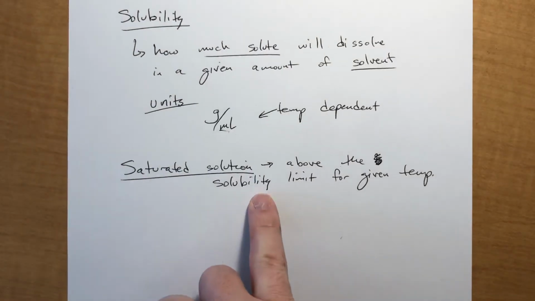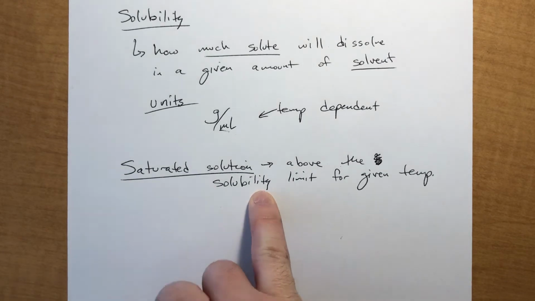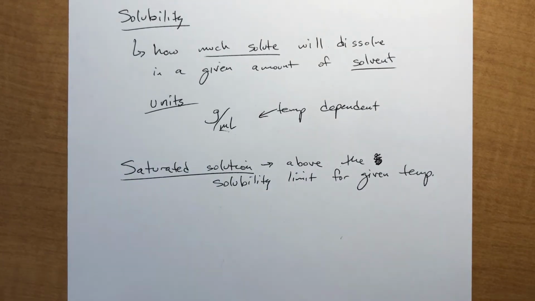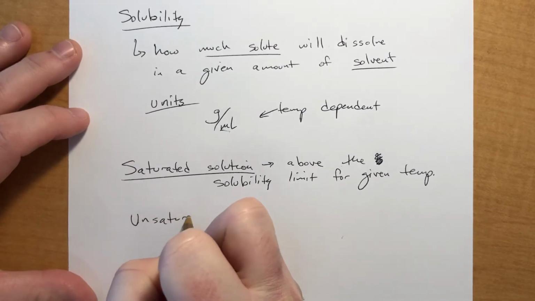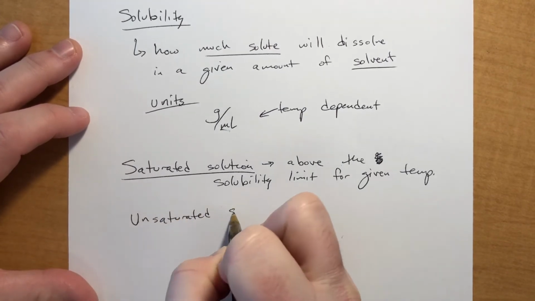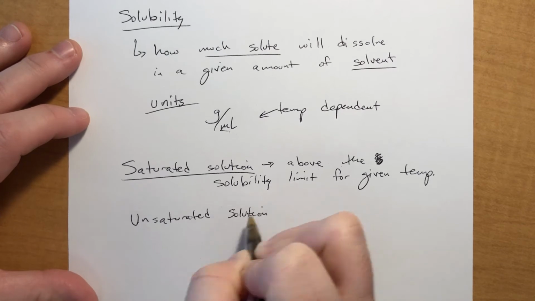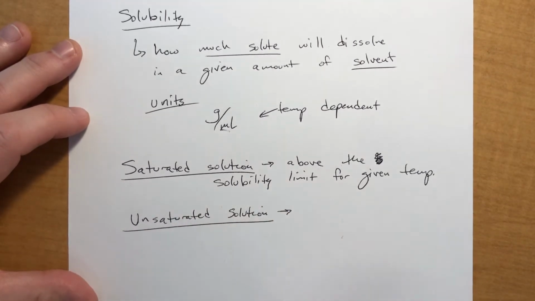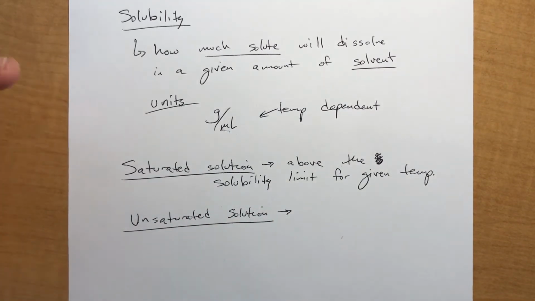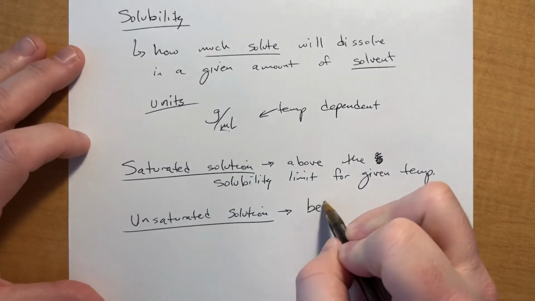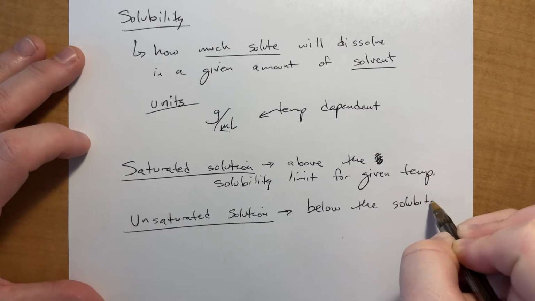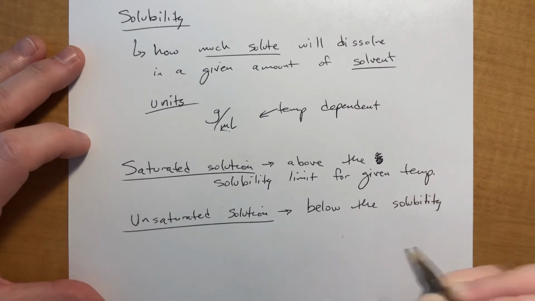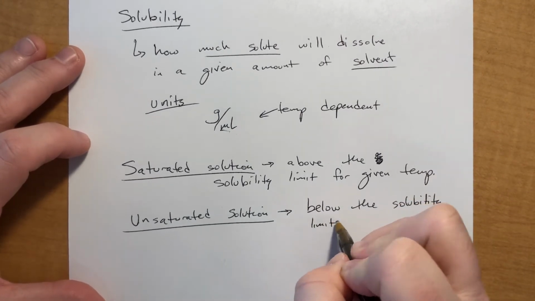At some point, you just literally run out of water. Anything below that is called an unsaturated solution, which means below the solubility limit.